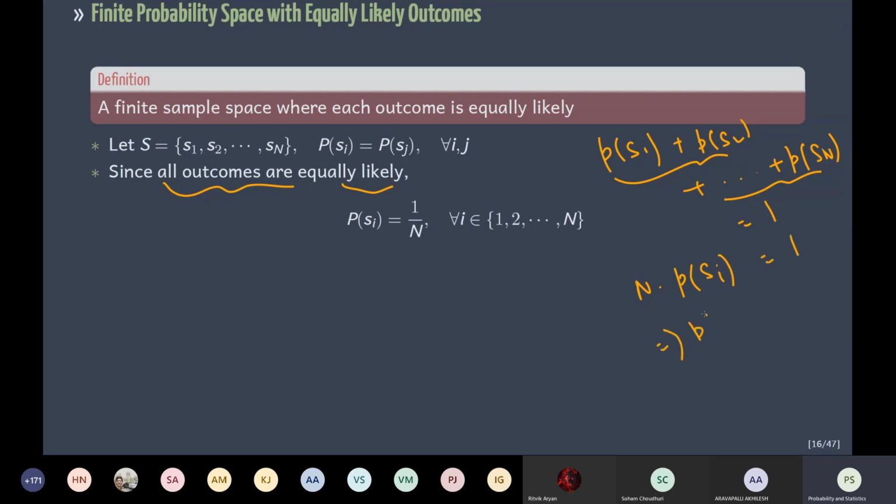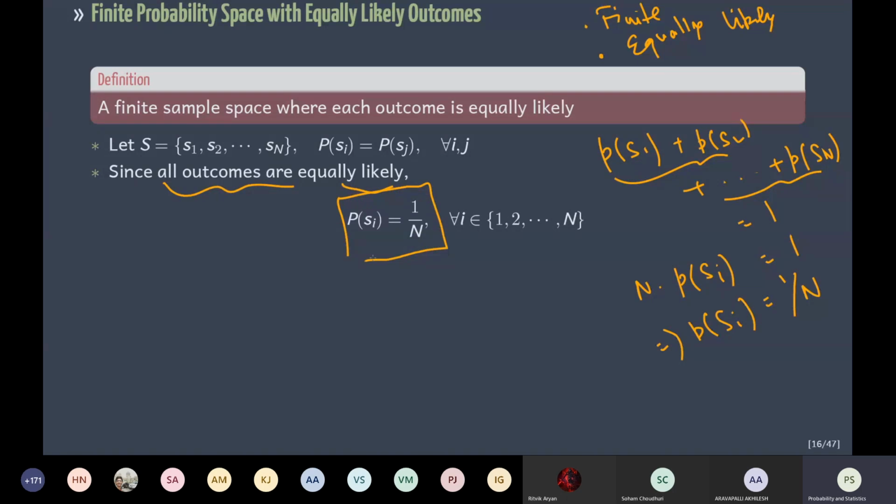This implies the probability of Si, with i arbitrary, is 1 by n. Given the assumptions that the sample space is finite and the outcomes are equally likely, we can immediately say that the probability of each outcome is the same, equal to 1 over n.